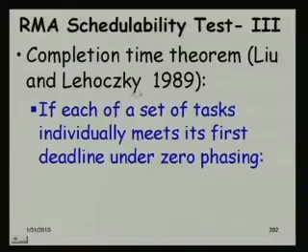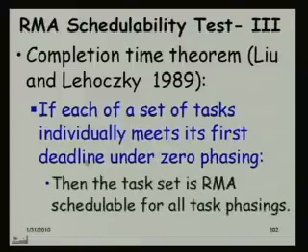This was proposed in 1989 by Liu and Lehoczky, and the theorem is very simple. The theorem says to look at the deadlines of every task and assume that the tasks have 0 phasing. Even if some phasing information is given for the tasks, assume that all tasks have 0 phasing and then check the first deadline of every task.